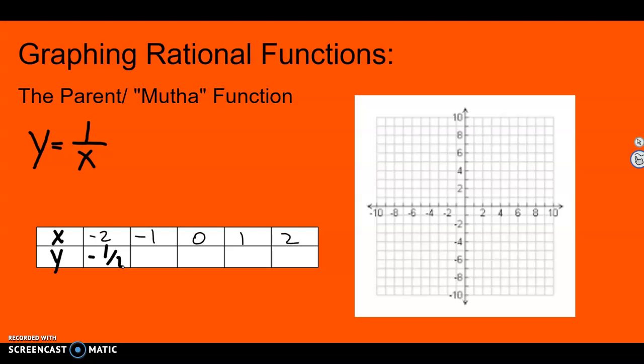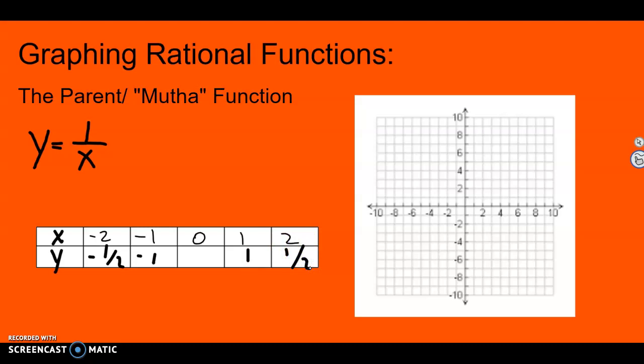If you plug in -1, 1 over -1 is -1. Then we get to 0. 0 is a problem. We're just going to leave that alone for a little bit. We'll come back to that. We'll plug in 1 for x. 1 over 1 is 1. 1 over 2 is 1/2.